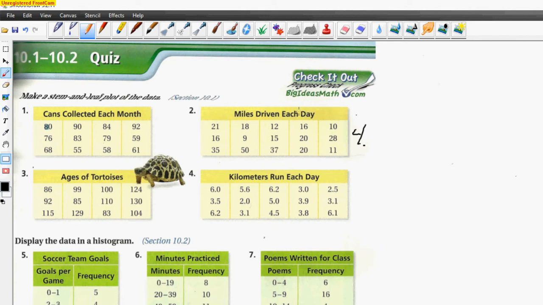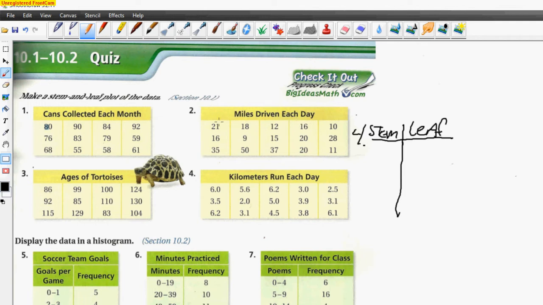What's the first thing we're going to do? You got it. We're going to create our plot. Let's create this plot and get this going. And we have stem. And we have leaf. So we have the stem, and we definitely do have the leaf right here.